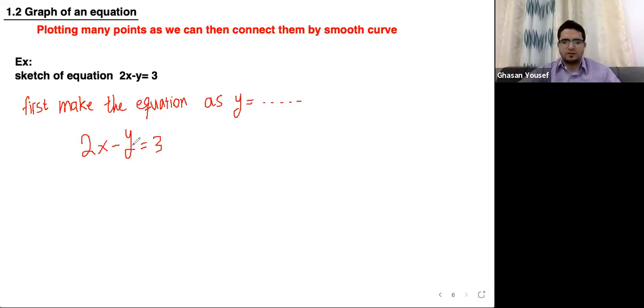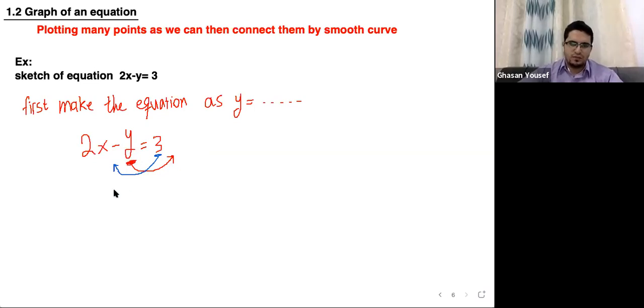So we have to solve it for y. That means we have to move this y to this side. Then we have to move this 3. You see the number 3, this one, move to the other side, and the y move to the other side.